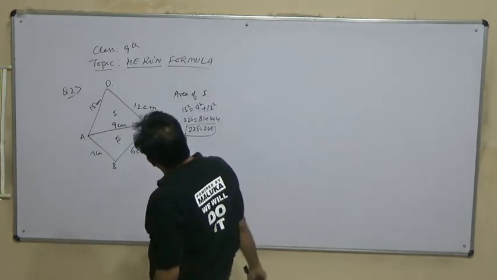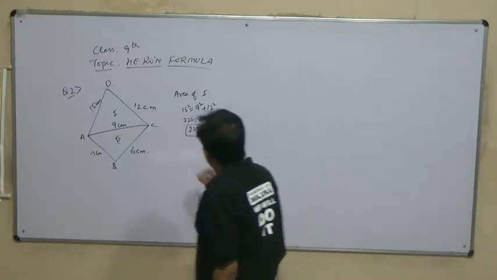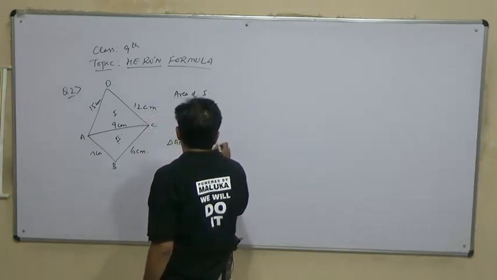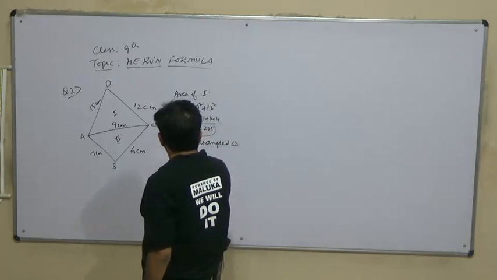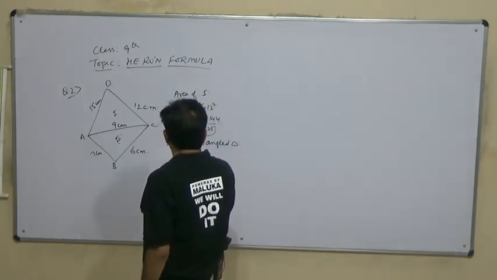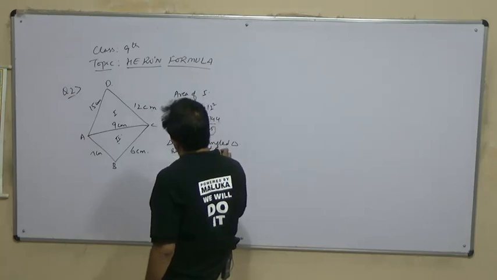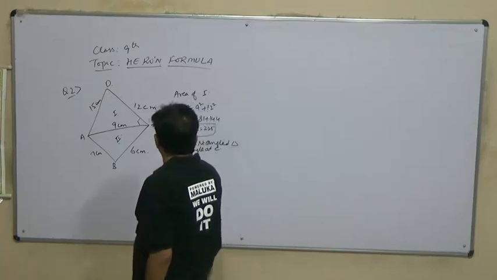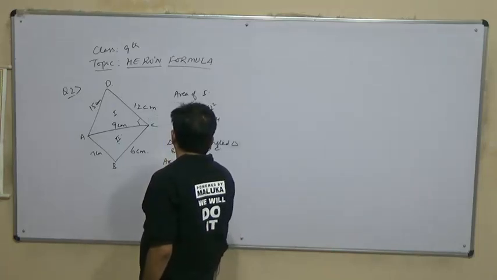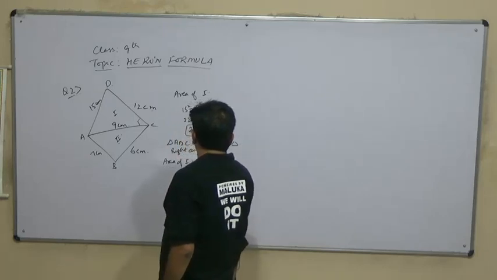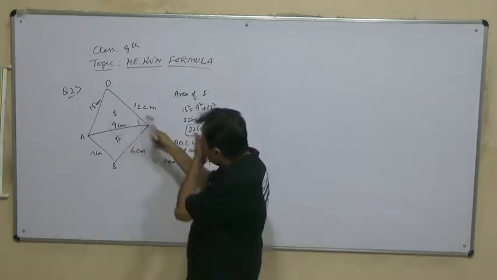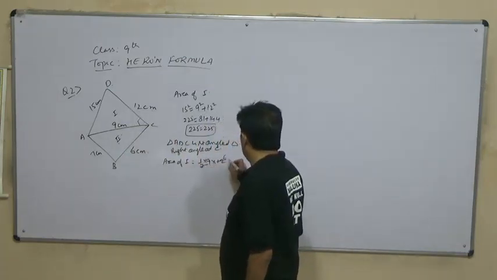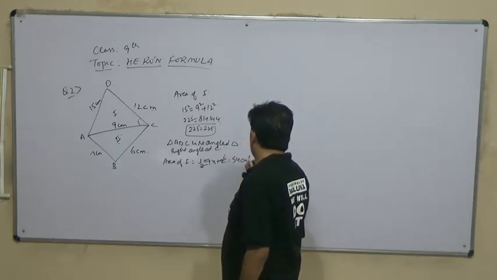So we can say that triangle ADC is a right angled triangle, right angled at C. Now the area of 1 is half into 9 into 12, half into base into perpendicular. So this will be 54 centimeter square.